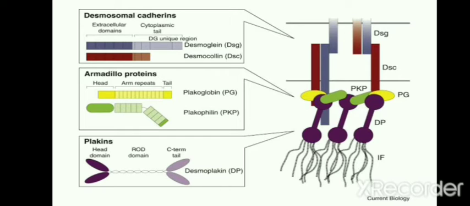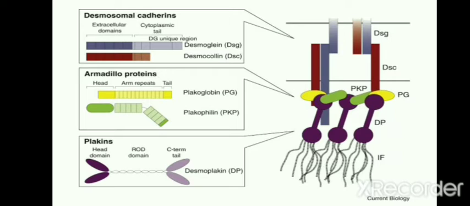Plakoglobin, a member of the armadillo family, binds directly to the cytoplasmic tails of both desmogleins and desmocollins. And desmoplakin, a member of the plakin family, interacts with both plakoglobin and plakophilins.